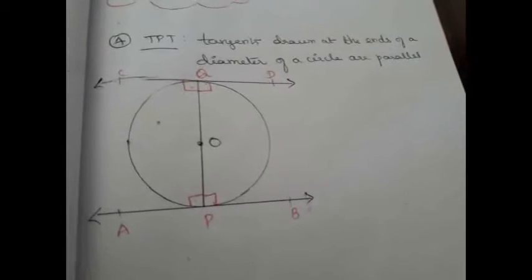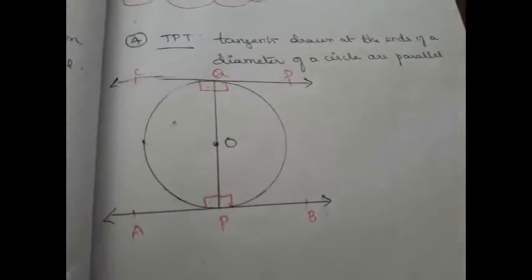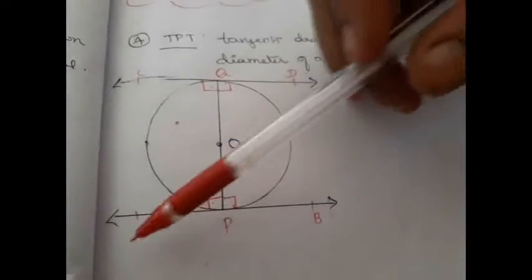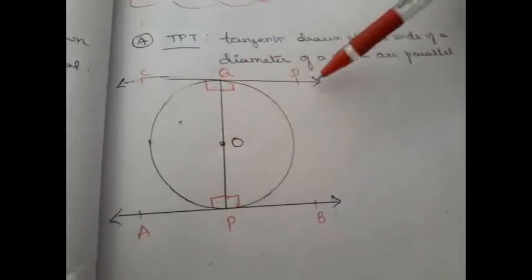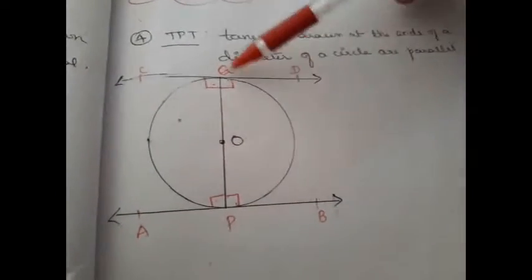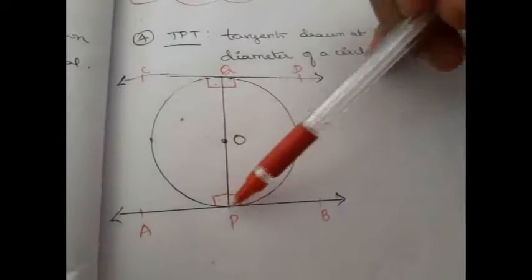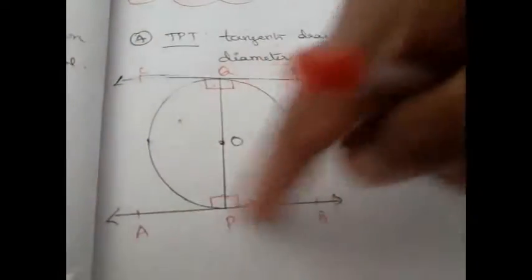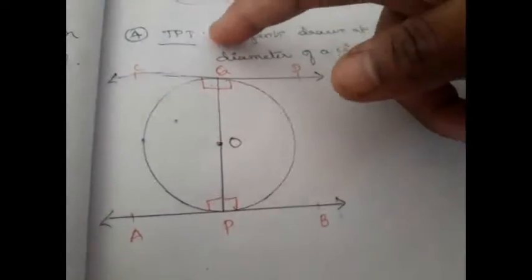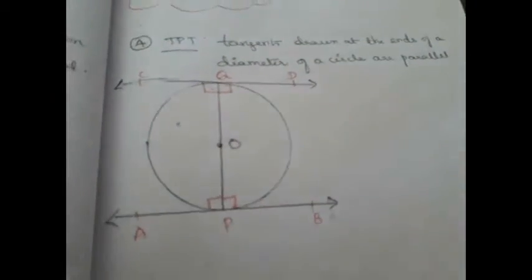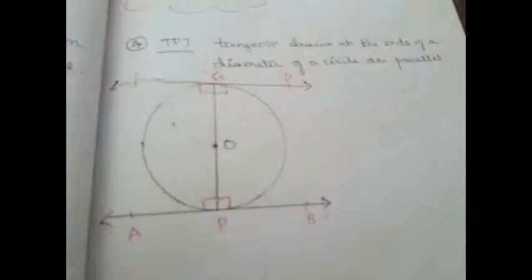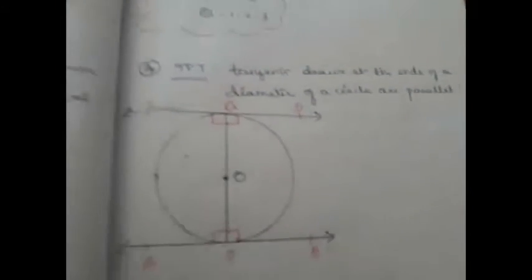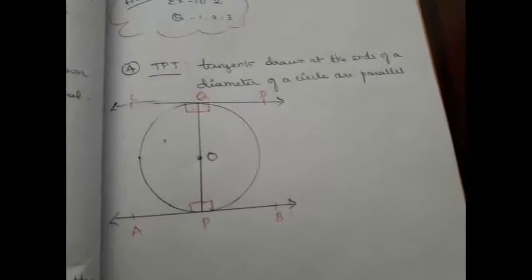What are these angles called? Alternate angles. Angle OPA is equal to angle OQD. Similarly, angle OQC is equal to angle OPB. So if you take these two lines and PQ as our transversal, we see that the alternate angles are equal, and hence the two lines are parallel.